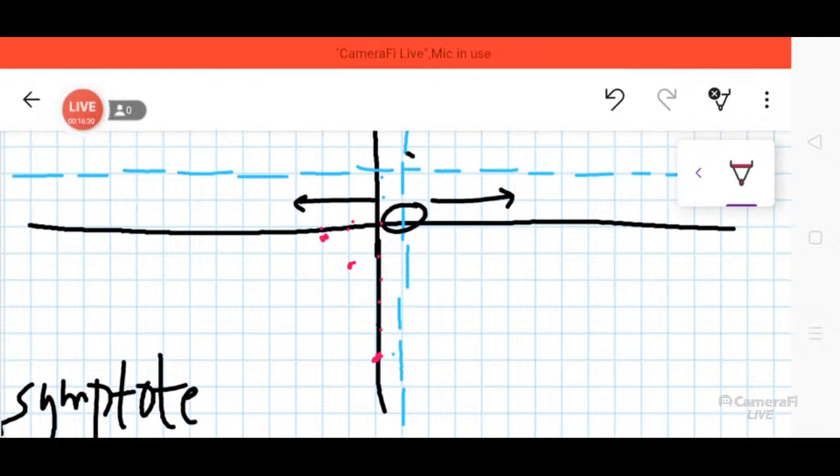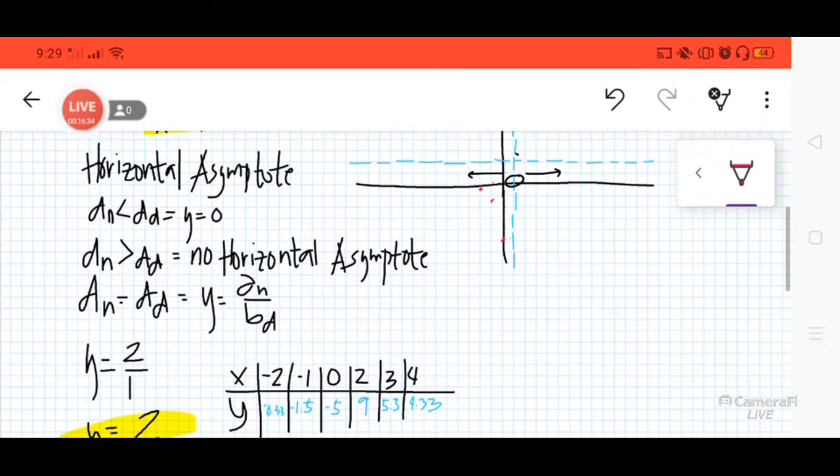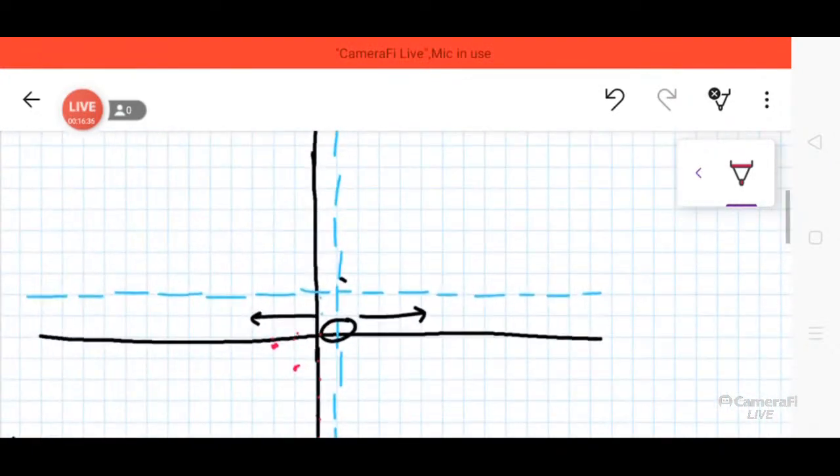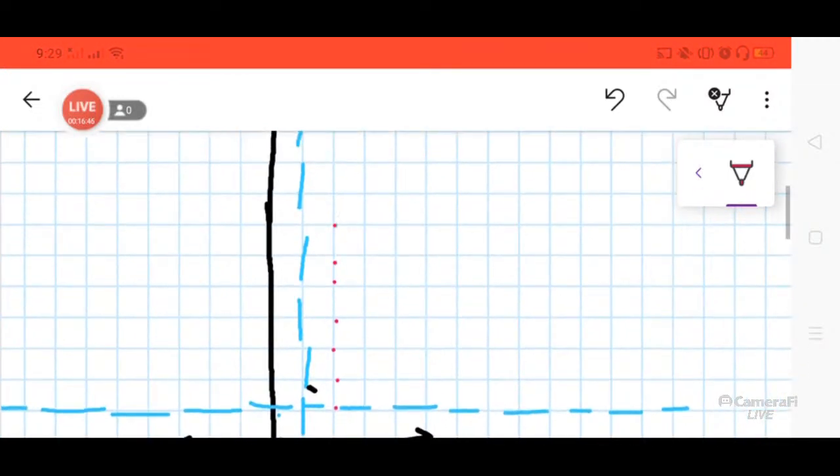Then next is 2 and positive 9. They're both positive, so 1, 2, and then 1, 2, 3, 4, 5, 6, 7, 8, and 9. So the point is here.